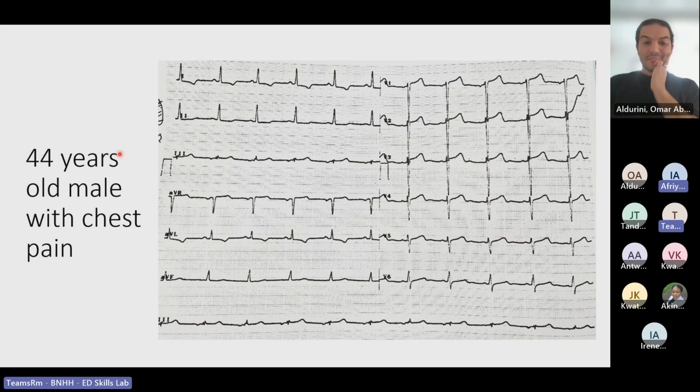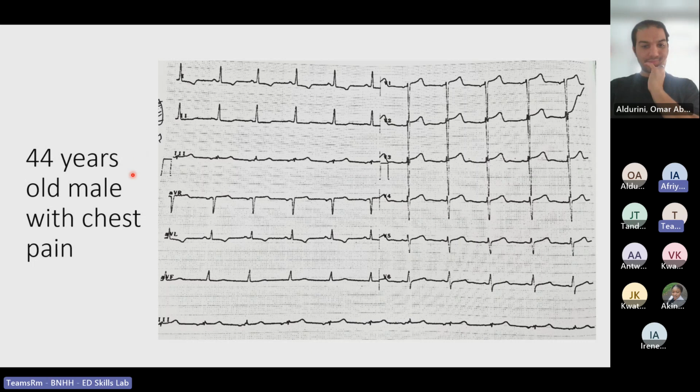And then I think T wave inversion in AVL. Yeah. So T inversion in AVL and then lead 1 as well.